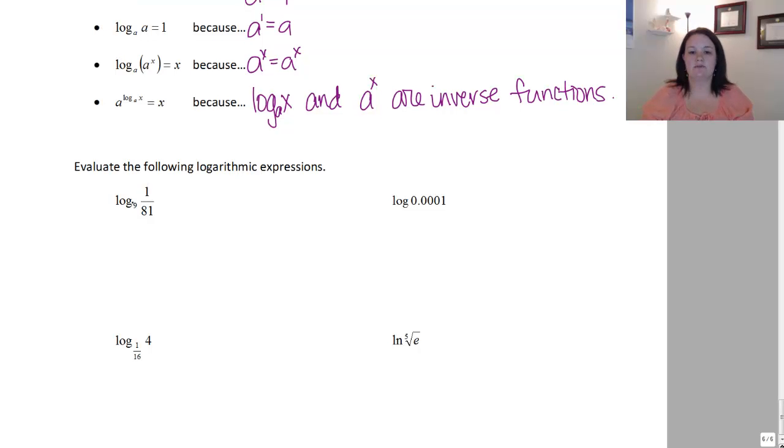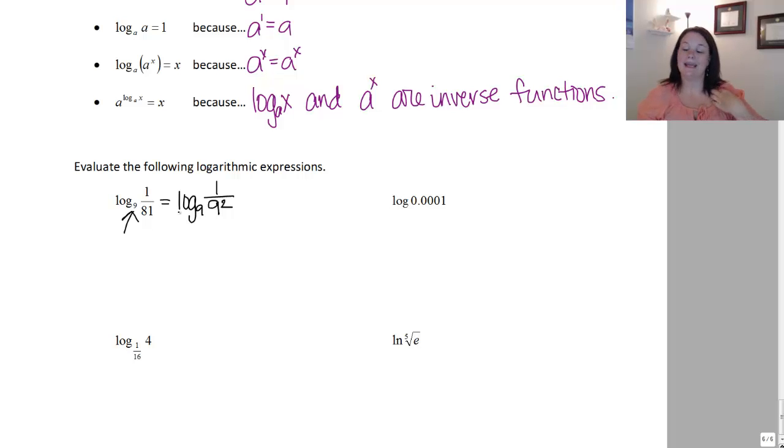All right, so the first one is log base 9 of 1 over 81. So I noticed right away with log base 9, I know I can write 81 with an exponential base 9, right? I could write this as log base 9 of 1 over 9 squared.